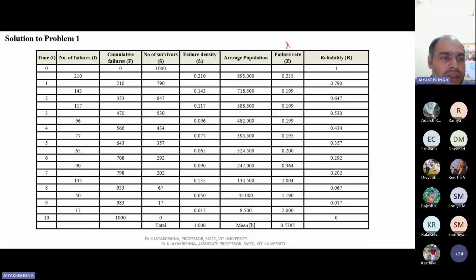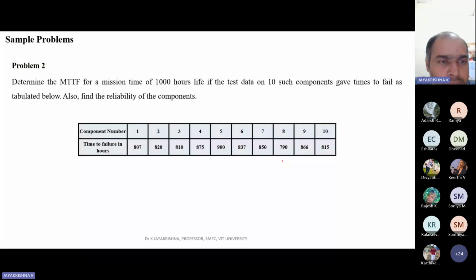Okay, so now let's do this problem. Determine the MTTF for a mission time of 1000 hours. MTTF is what? Mean time to failure, sir. How many hours is this machine running? 1000 hours, sir.